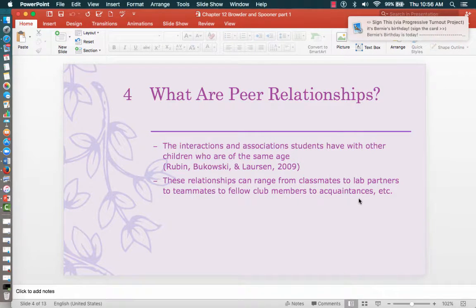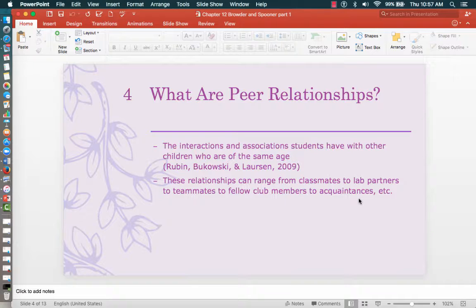So what are peer relationships? They're basically any kind of relationship, really. It's an interaction and association that we have with other people, okay? But in the schools, with our children, it's the kinds of interactions they have with other children who are the same age and usually grade.